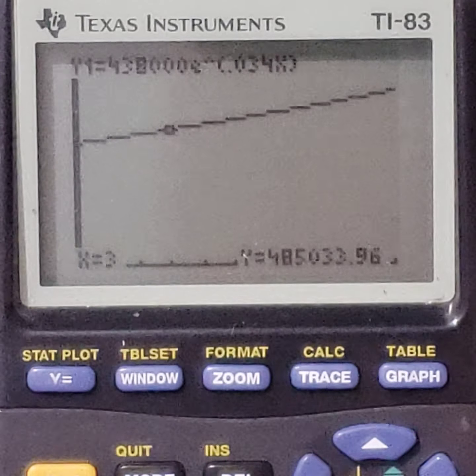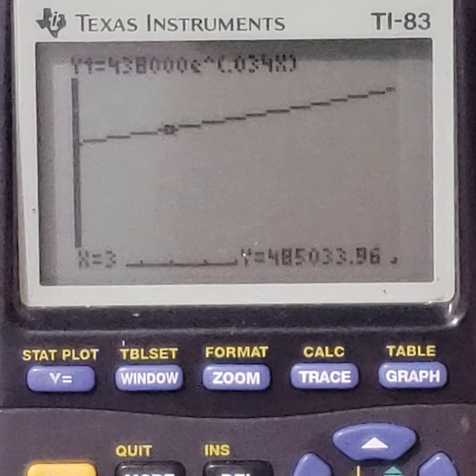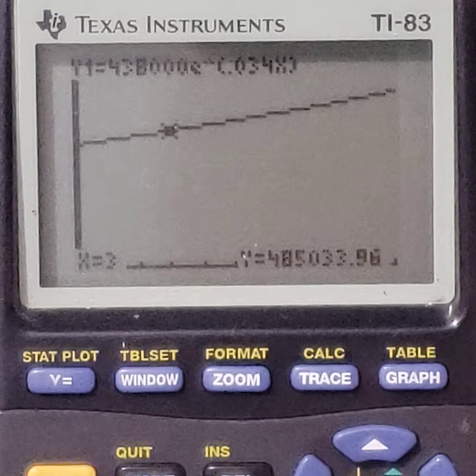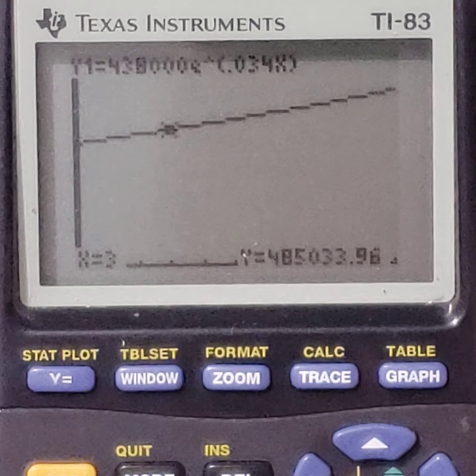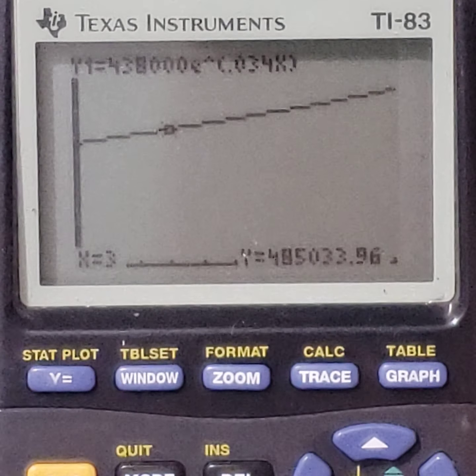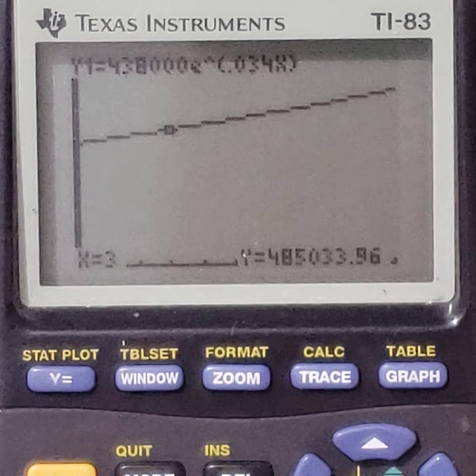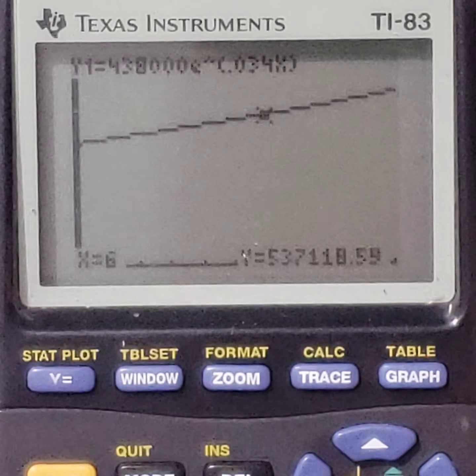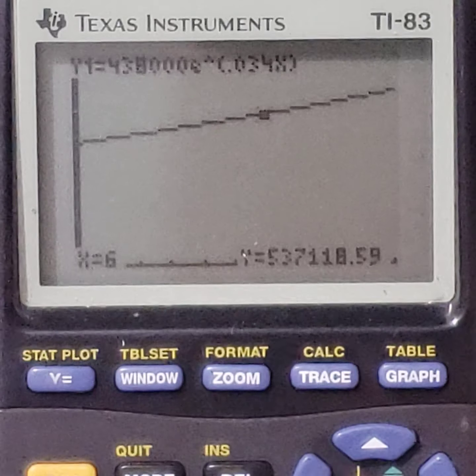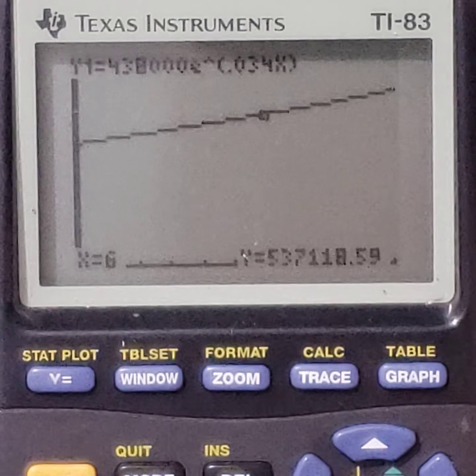And we see that the population would be 485,033, or I'd round that up to 34. If we wanted to know the population this year, it's 2020, which is 6 years from 2014, so we'd go for 6. And we'll see that the population should be around 537,119. I have no idea if that's correct or not.